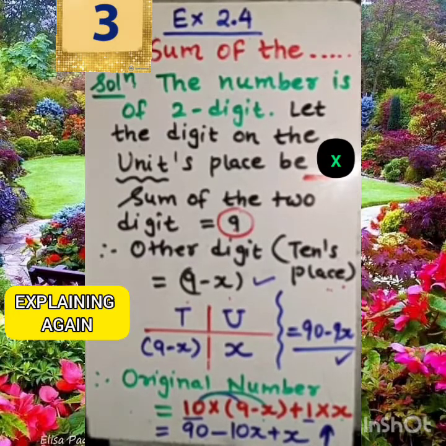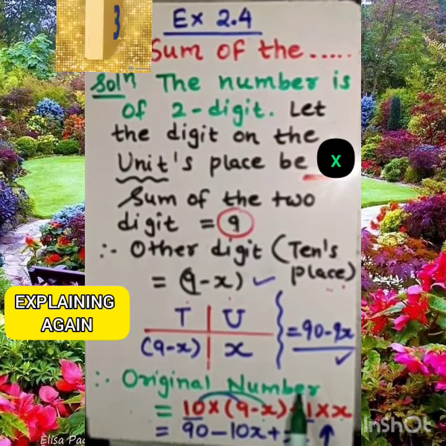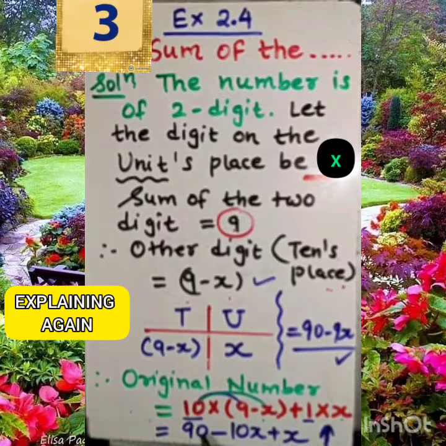So the original number becomes 90 minus 10x plus x, which is 90 minus 9x. Is that right?